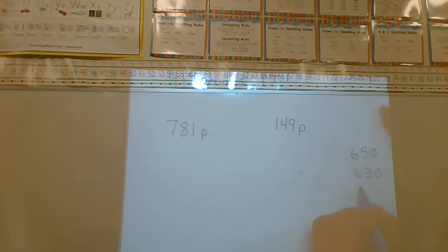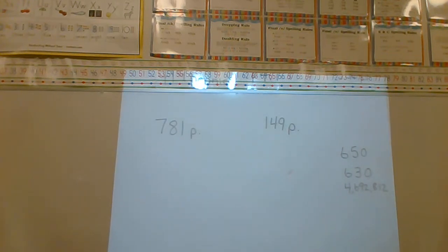Someone else guessed 4,692,812. Wait a minute. That is not a very good guess. First grade, come on. Silly Billies, let's go. Anybody else have another guess? Anybody? Okay. If you'd like to write down your guess, you can sure write it down.